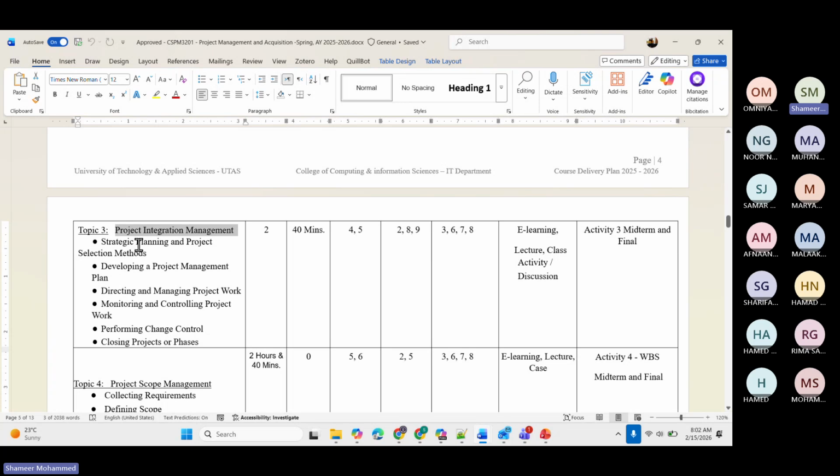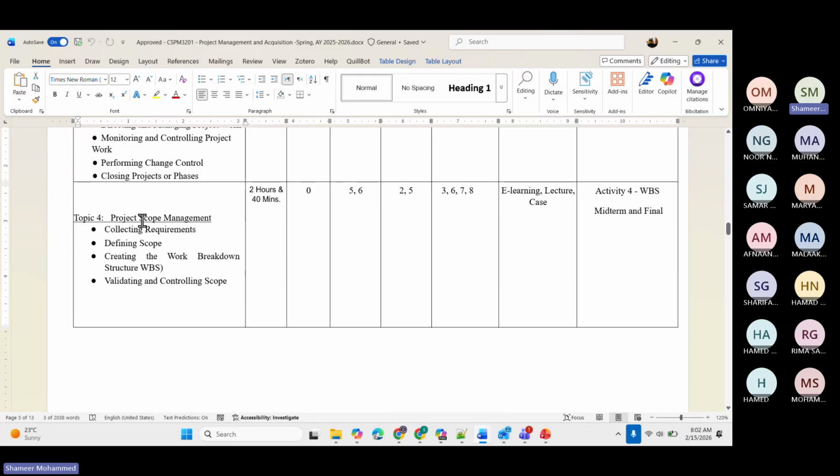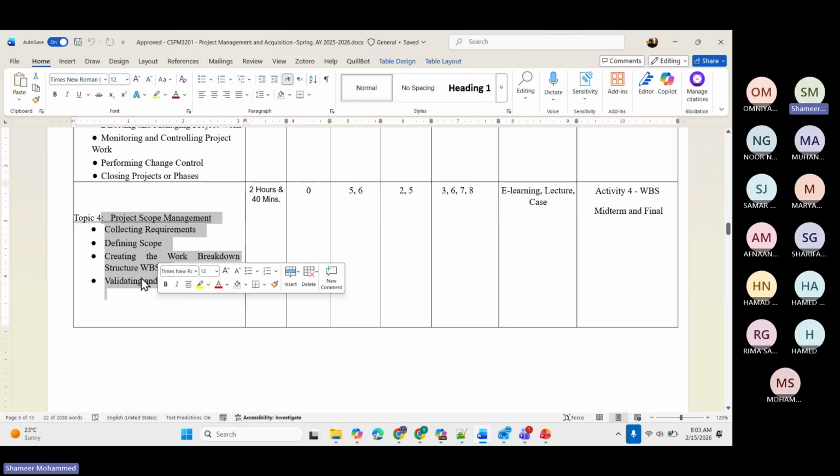In the fourth lecture, you are going to learn what the features of a project are. From here onwards, your lab starts, from lecture 4. You will learn what this WBS is, how to create it, and how to enter it into the software.